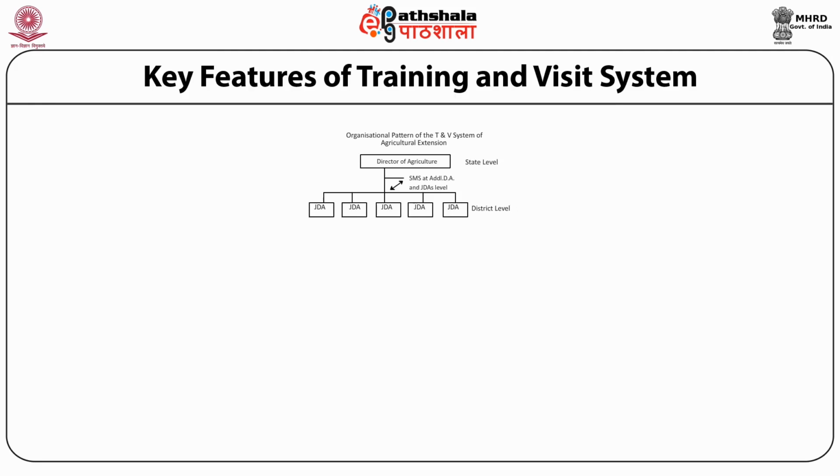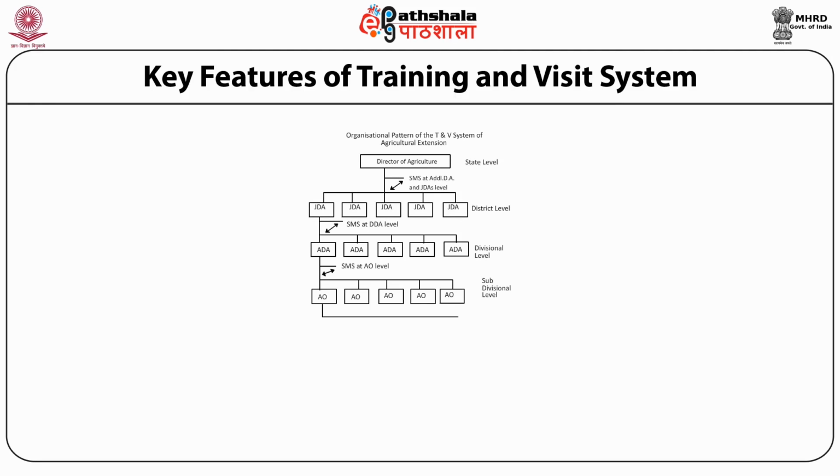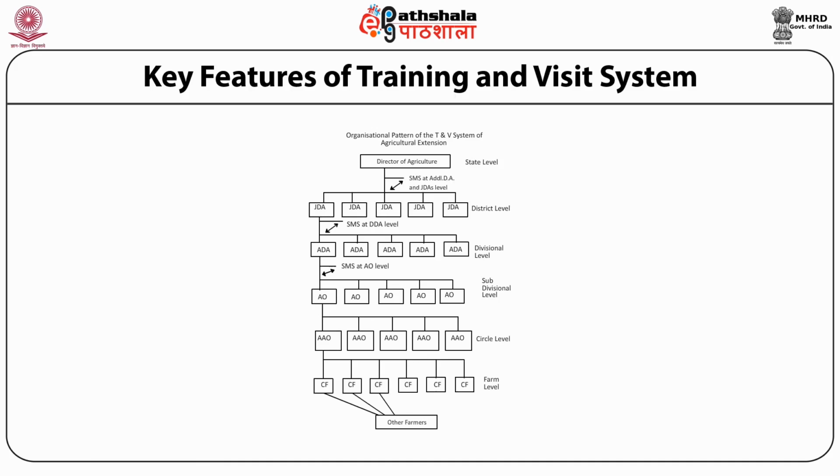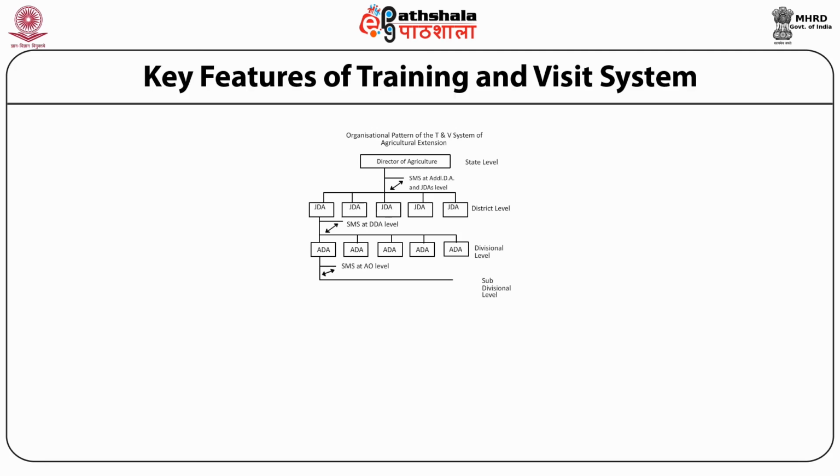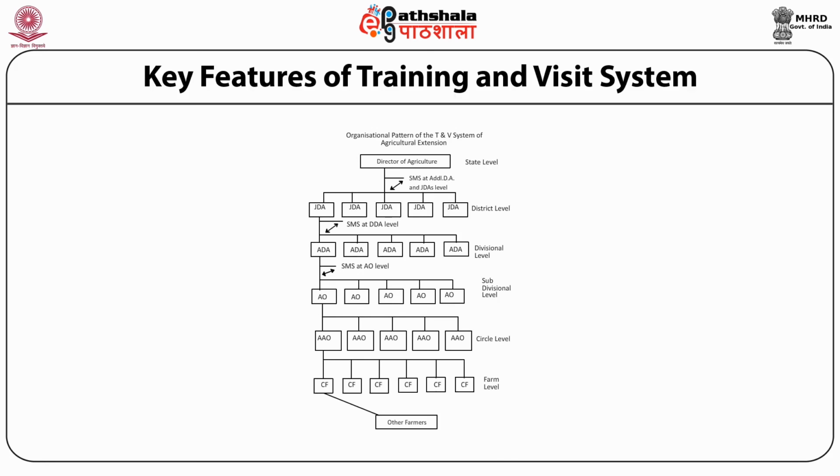If they are not able to provide satisfactory solutions to the problems faced at the field level, they will refer these problems to the respective state agricultural universities or the research institutions for obtaining the solutions. Also, these subject matter specialists impart training to VLWs every fortnight.